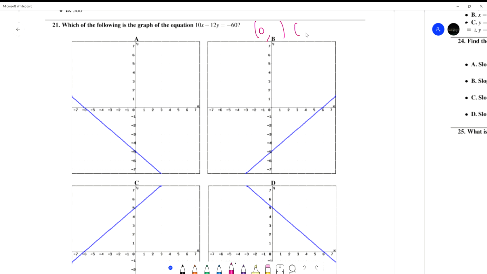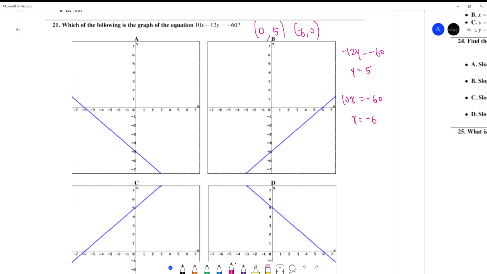And then we have to figure out when y is equal to 0, what is x equal to, right? So for x equal to 0, you have negative 12y is equal to negative 60. Therefore, y is equal to 5, right? When you cover up the y, you get 10x is equal to negative 60. Therefore, x is equal to negative 6.